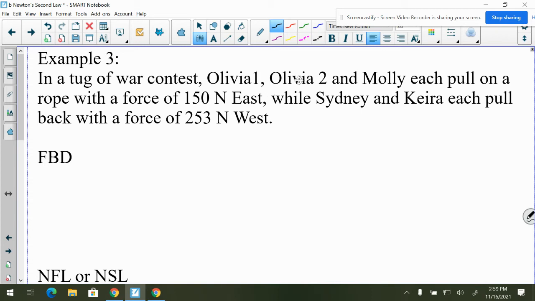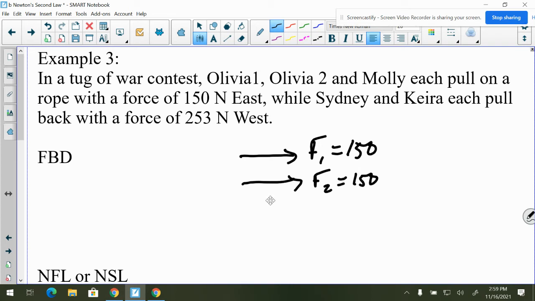I picked Olivia and Molly now, and Sydney and Kira having a tug-of-war. Tug-of-war contest is a great example of this. So I'm going to have Olivia and Molly each pull the rope east. So Olivia pulls, force Olivia 1 is 150. Force of Olivia 2 is 150.